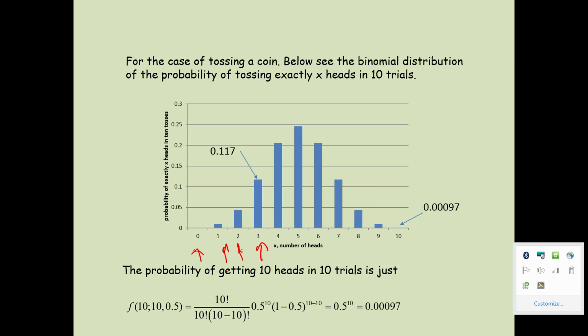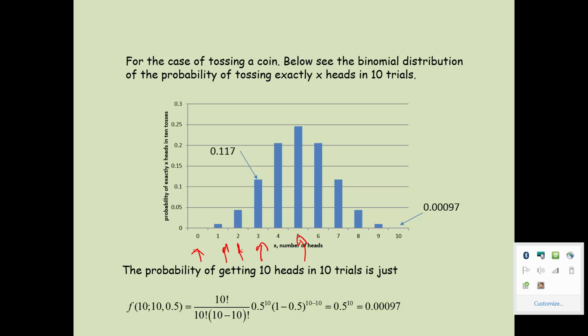There's the one we just calculated: 3 heads in 10 tosses was a probability of 0.117. And you can see that there's a probability of about 0.24 for 5 heads in 10 tosses, and so forth. So that's the binomial distribution function for having x heads in 10 trials, given that the probability of a head in any given toss is 0.5.